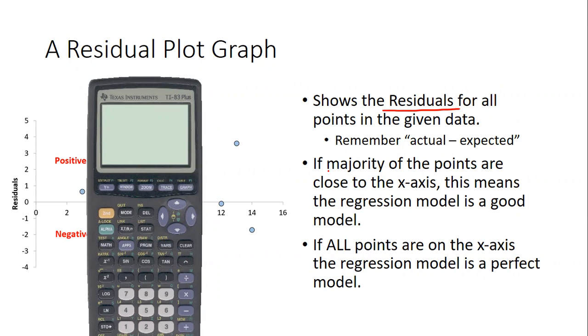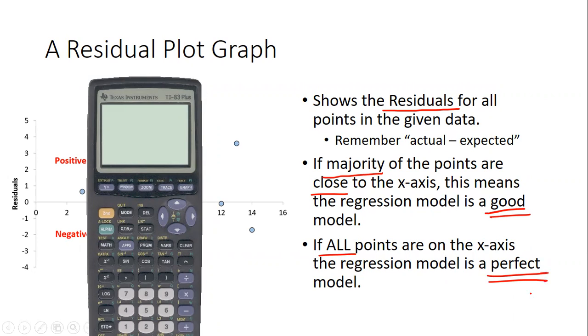Okay, if the majority of the points are close to the x-axis, this means the regression model is a good model. Okay, that means it's a good model. Okay, if all points are on the x-axis, the regression model is a perfect model.